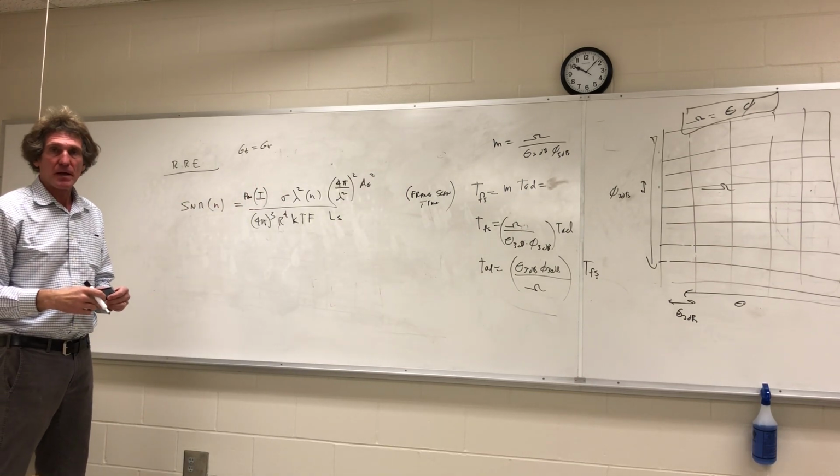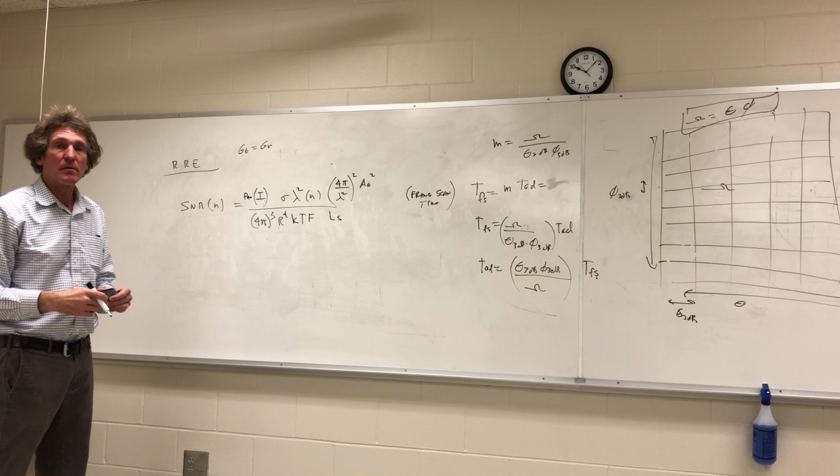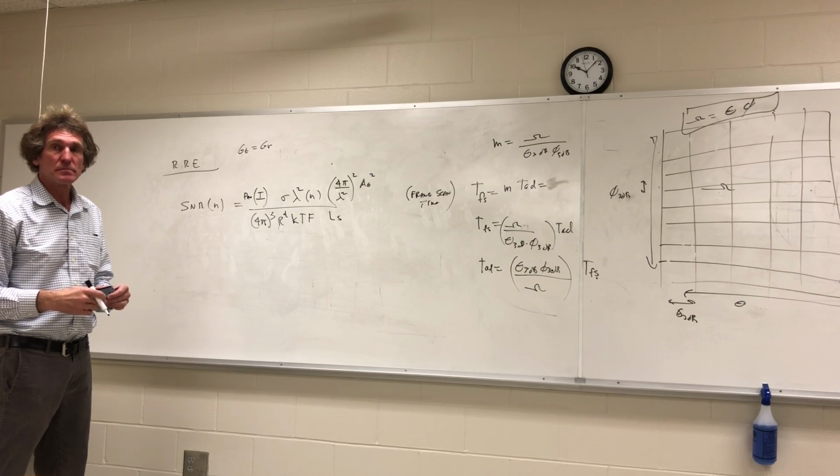You with me? The book, for beam width, approximates theta bandwidth as 70 times lambda over D.